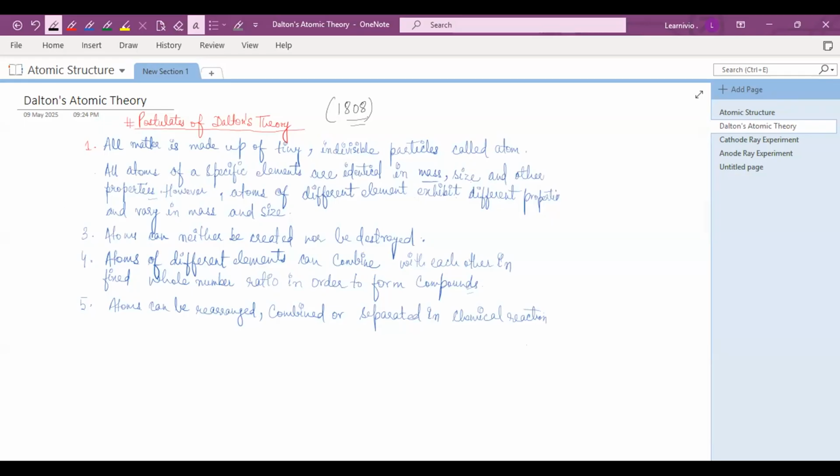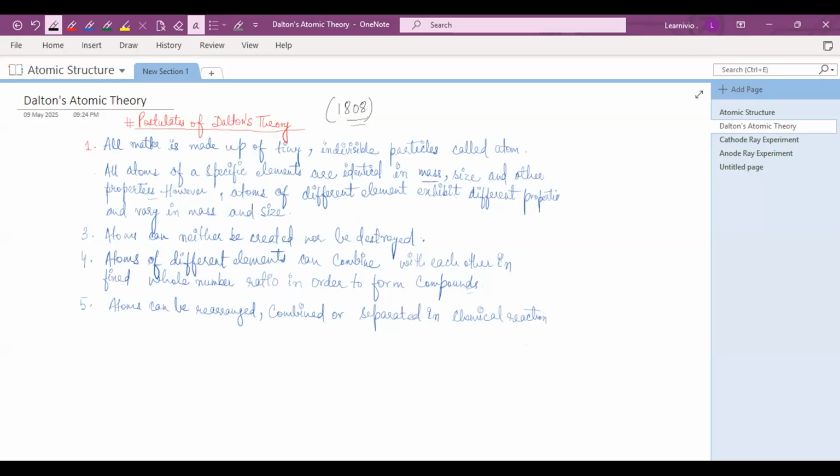Now let's see what are the postulates, what he said in the theory. What are postulates? It is just an axiom. Axiom type means इसका कोई भी प्रूफ उन्होंने नहीं दिया था, एक्सपेरिमेंटल प्रूफ कुछ भी नहीं था, बट उन्होंने जस्ट अ थ्योरी दी थी and all the world started to believe it without any experimental proof. So that's the hypothesis.